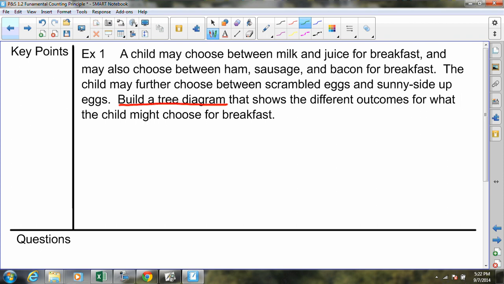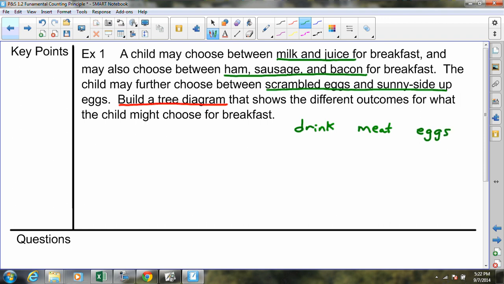Specifically, the fundamental counting principle would look at it and say, what are the choices that you have to make? The first choice is to make what you're going to have to drink. After choosing what to drink, the child has to choose what kind of meat they want. And then they have to choose what kind of eggs they want. You'll note the series of events.